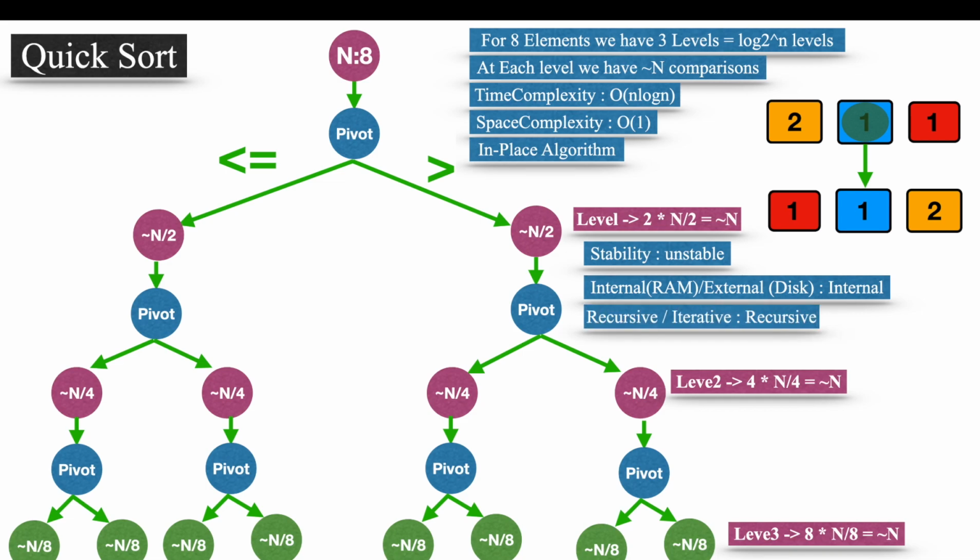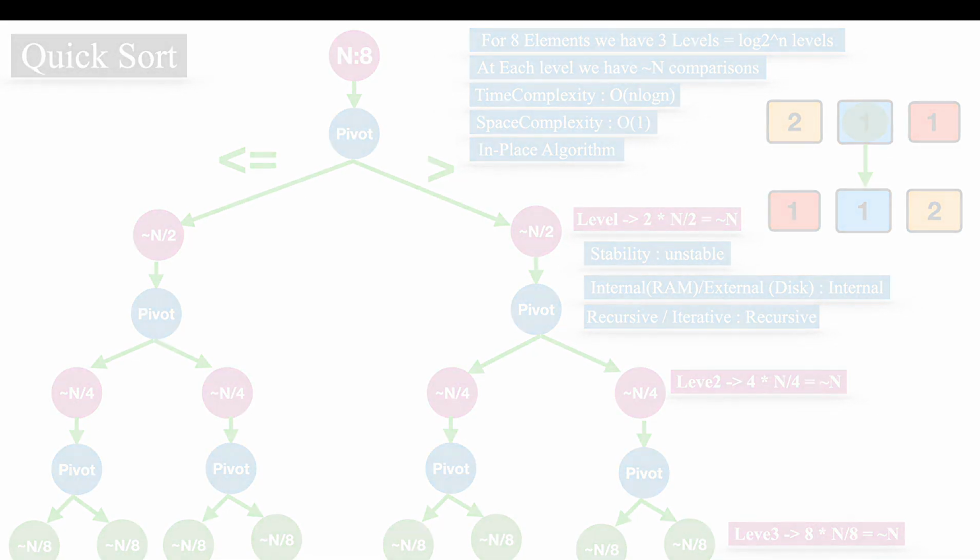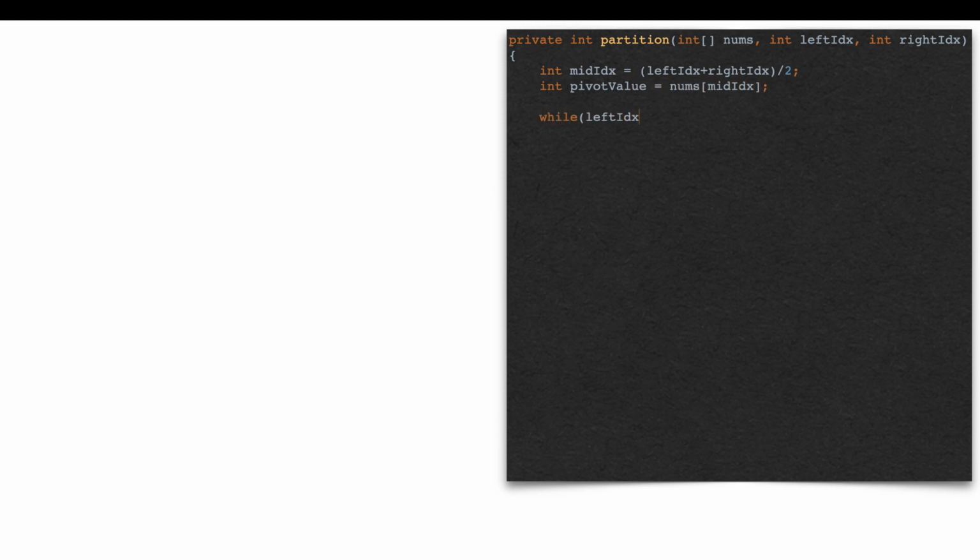So before submitting the code, let me walk through the code. The most important logic is partitioning the array, where you will get the input array, left index and right index. Mid index is going to be the average of these two, then pivot value is going to be the mid index value. We move on until left index is less than or equal to right index.